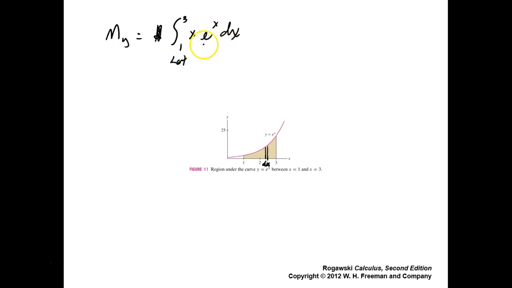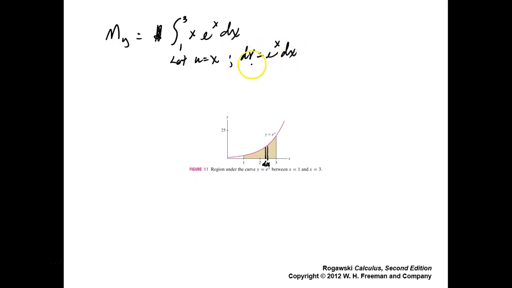So what parts? It's almost like a substitution, but not quite. We're going to give some new names to it. And what are our favorite names? U. Let u equal x, and dv equal e to the x dx.